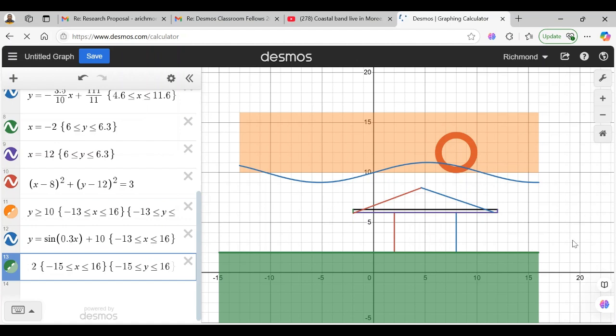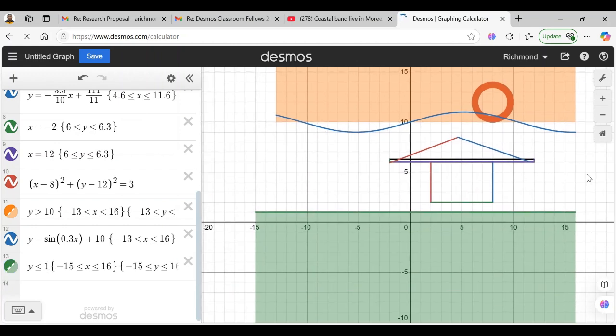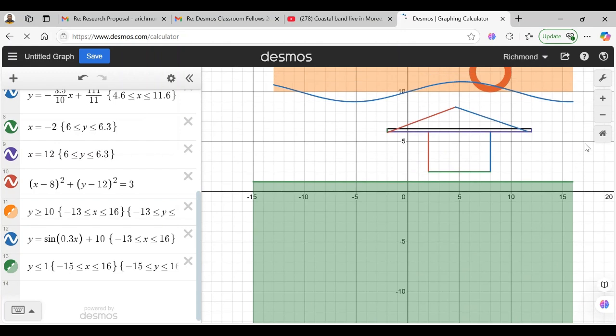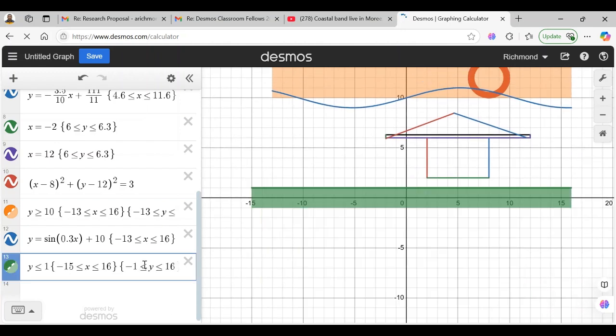So can I reduce this equation to 1? Yes, so that's how the floor will look for the green grass. So let's make it 1 to 16. So that's the green grass carpet.